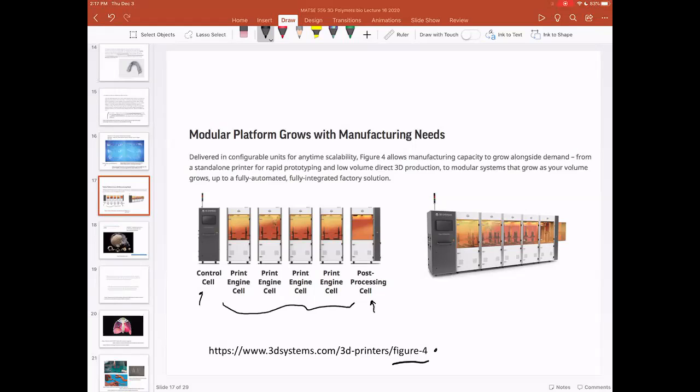So if you're interested in hardware development, this is one of the things that the companies are working very hard on, in addition to perhaps new printing technology and the next generation of some of the printing technologies that we've talked about in this class.